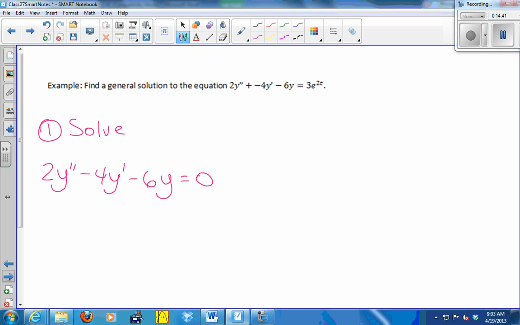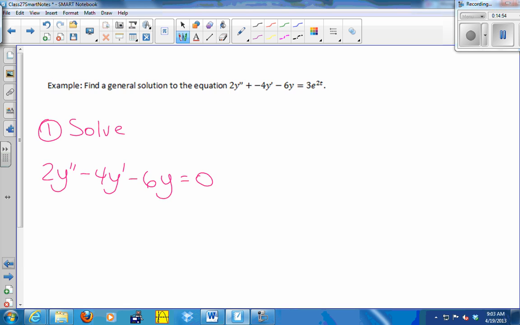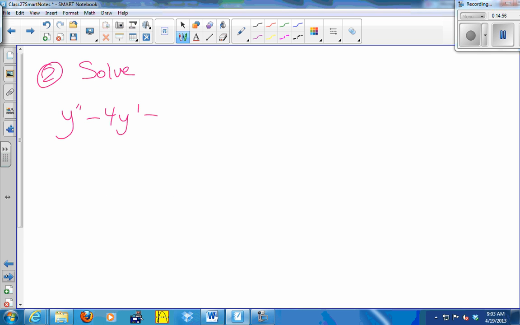So step 1 is to solve the associated homogeneous. Step 2 is solve the non-homogeneous, 2y double prime minus 4y prime minus 6y equals 3e to the 2t.